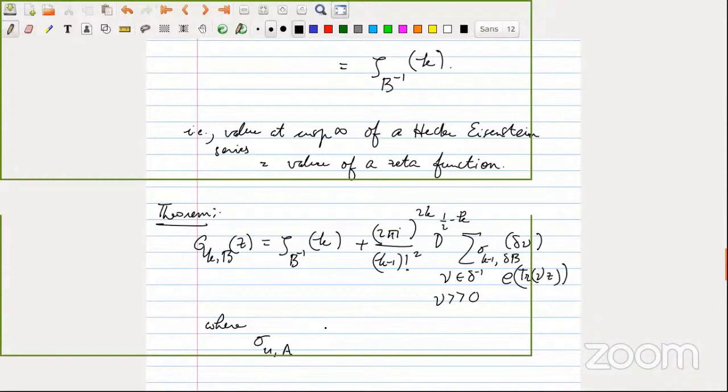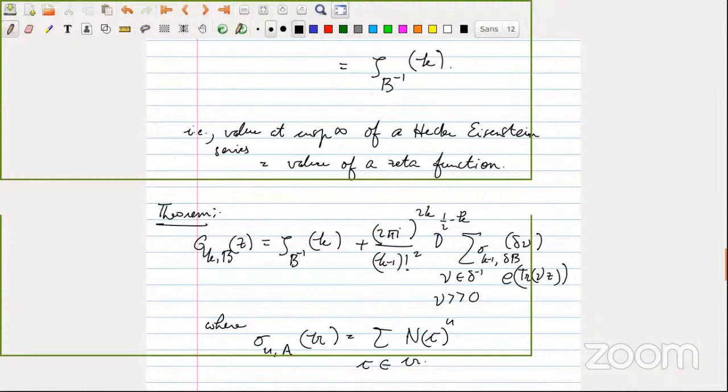So sigma_u of the ideal A is equal to the summation of the norm of C to the power of u, where this C belongs to A and is an integral ideal.